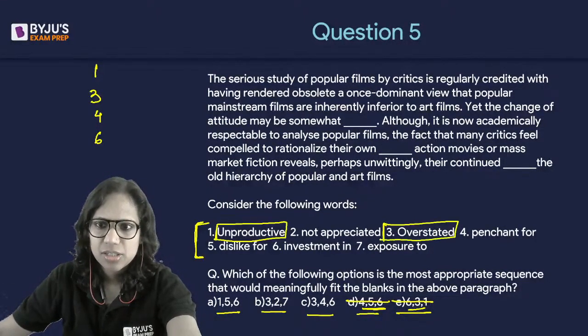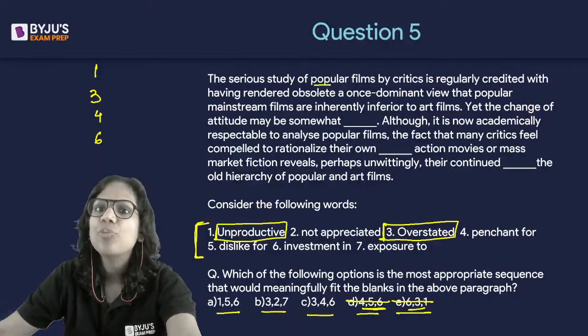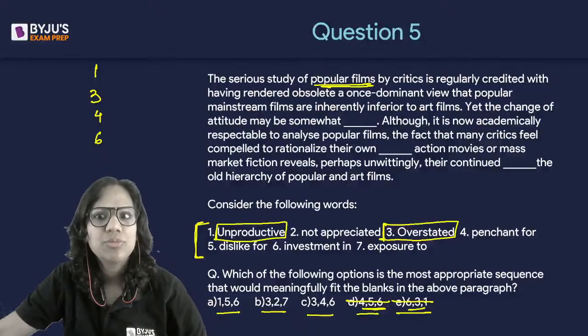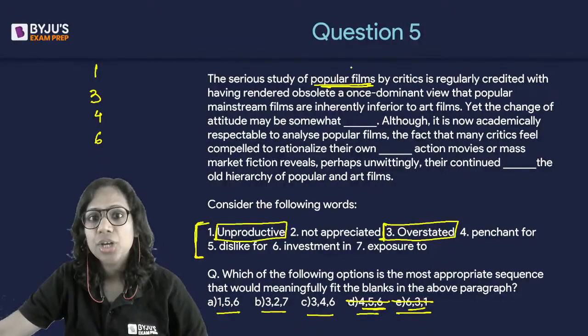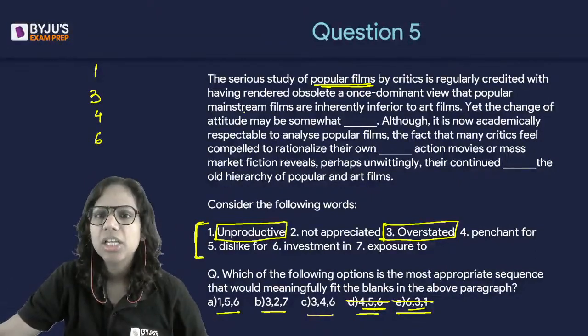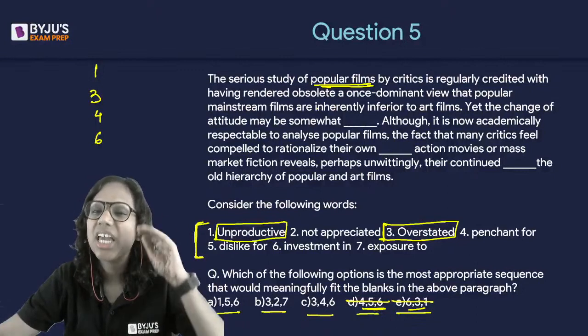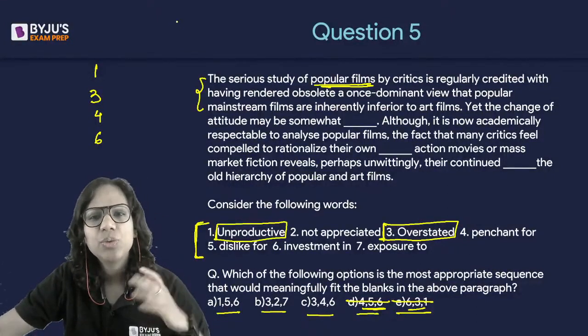right? So if we read it carefully, the serious study of popular films, the mainstream films, by critics is regularly credited with having rendered obsolete a once dominant view that popular mainstream films are inherently inferior to art films. So I am saying that now this view is obsolete.